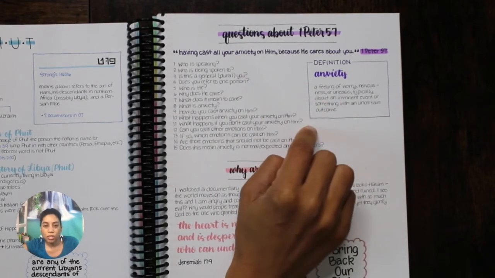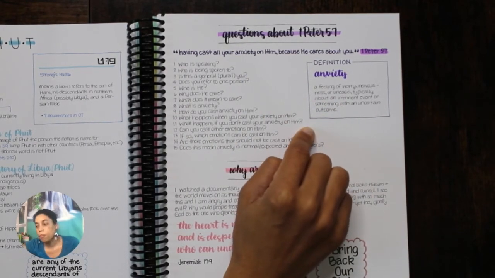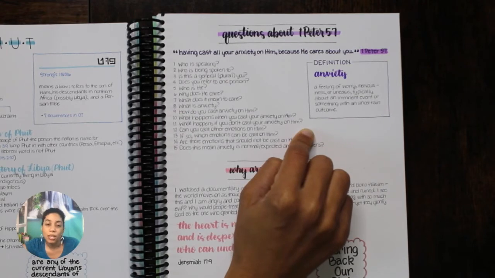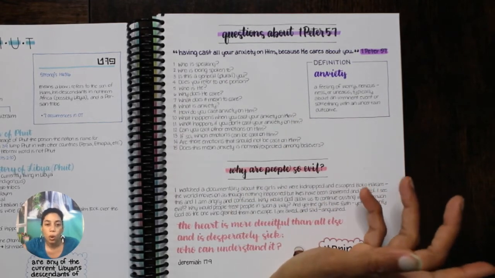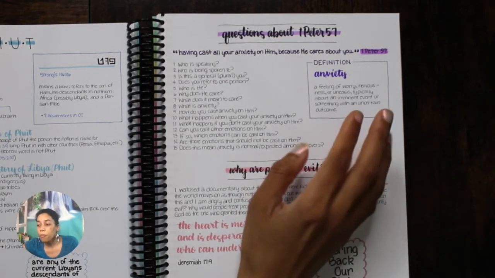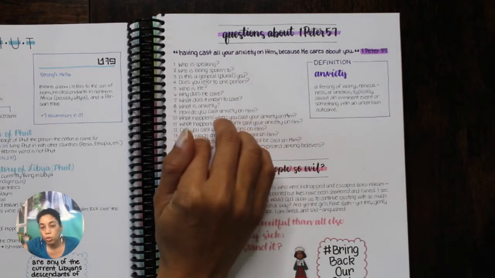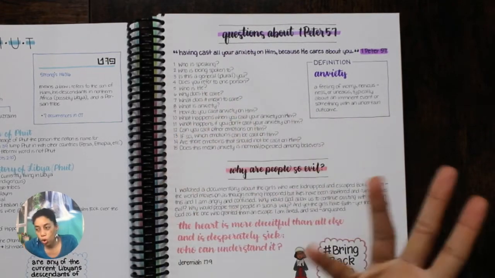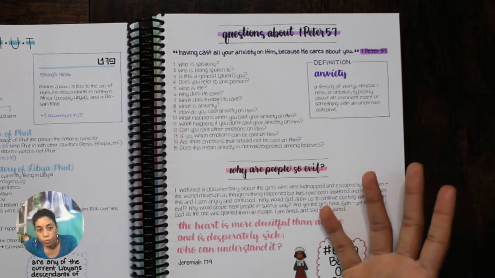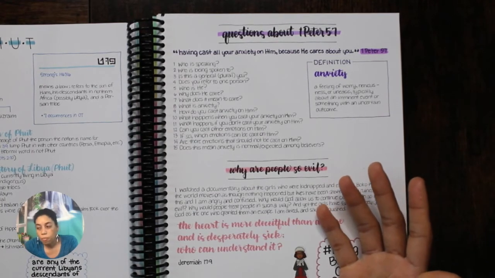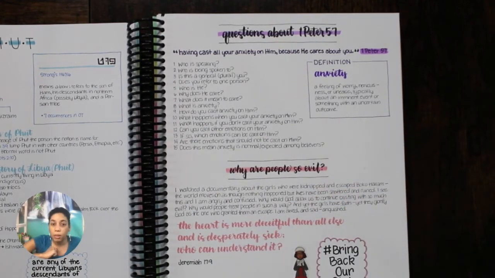Sometimes I answer these, sometimes I don't. Sometimes I answer them mentally, and sometimes I leave them for going back to later. But I think this is also a cool way to start a Bible study or to get more in depth into a verse. And sometimes I ask questions that are obvious because sometimes the obvious answer is not actually the answer.